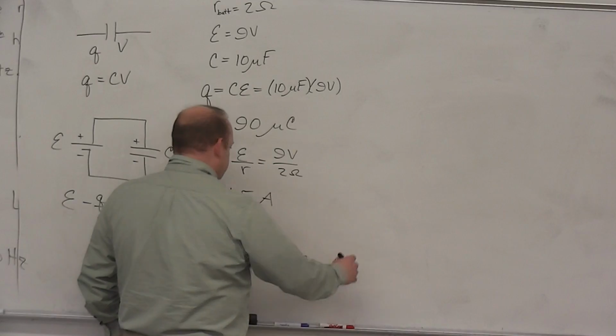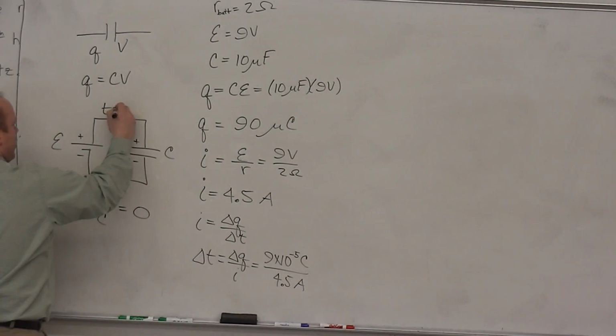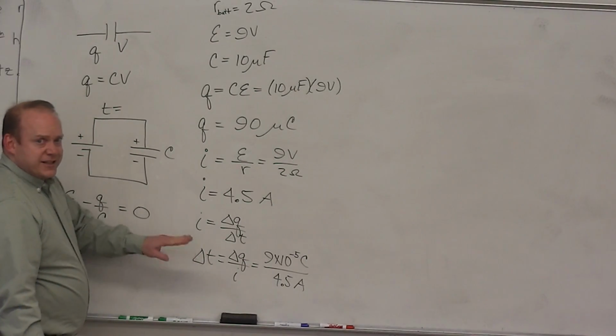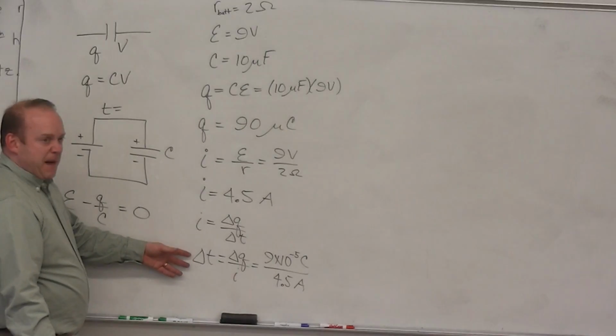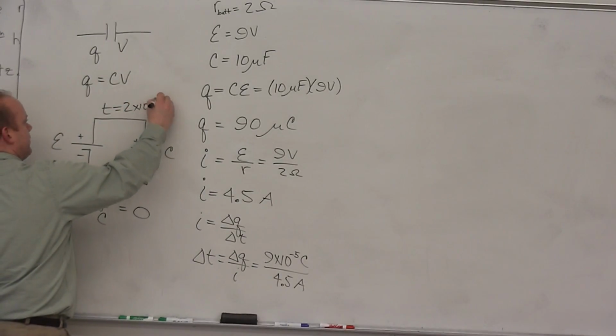So my delta T is the time it would take to charge if it stayed at this current, which it doesn't. This is just a rough back of the envelope calculation: 2 times 10 to the minus 5 seconds.